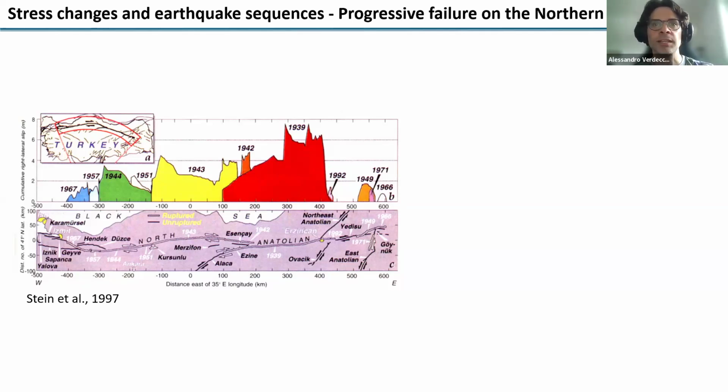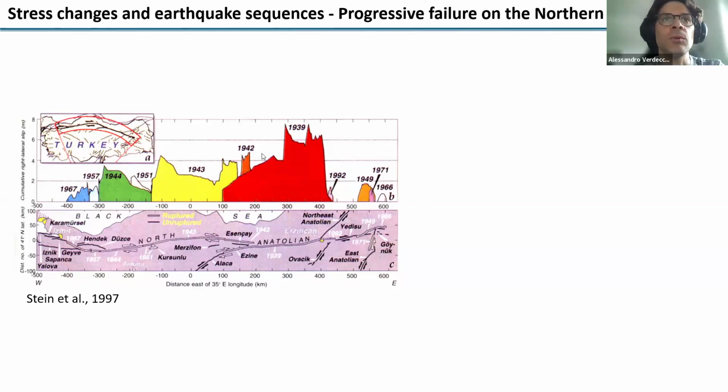What you can see in this figure, from east to west, starting from 1939, there was a sequence of events, which migrated from east to west along the Northern Anatolian Fault.